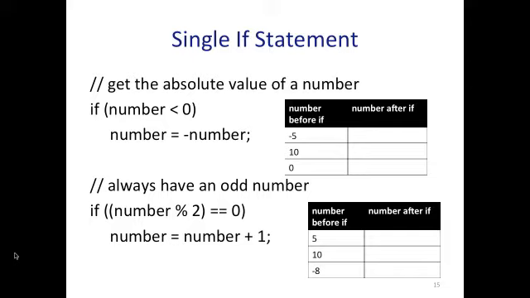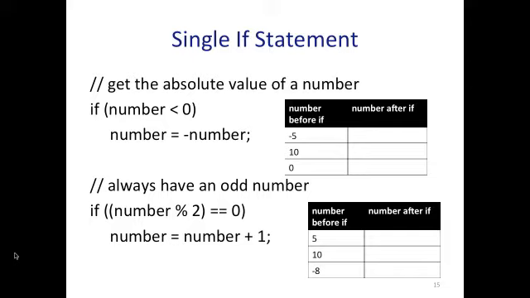So there's a number of ways that you can apply if-then-else statements. First of all, you do not have to use an else. Sometimes you're only looking to correct something. Here are two cases. In the first case, I want to get the absolute value of a number.